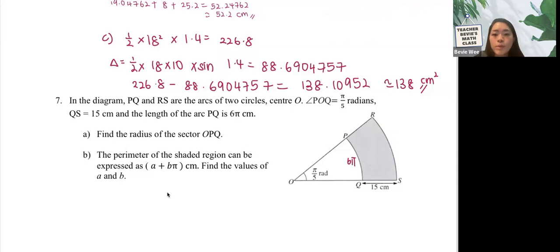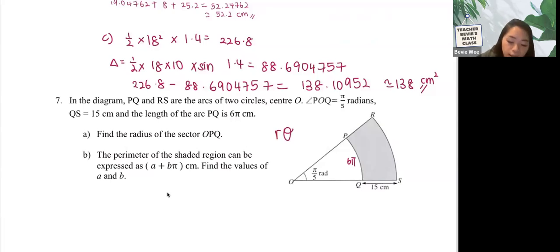What can we find from here? Any suggestions? I got the arc length, I got the angle. Formula for arc length is what? R theta, right? Can I find my radius from here?